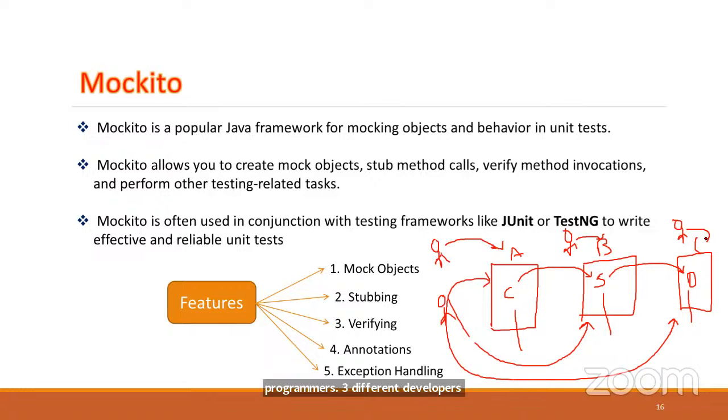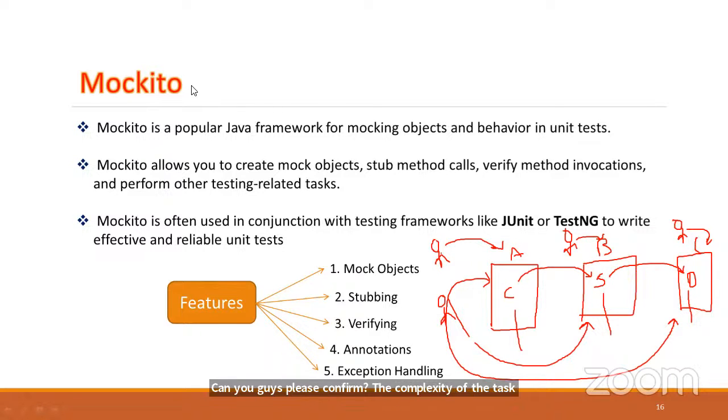Now tell me, writing these three layers, these three components by a single developer will take some amount of time. So when you split that work among three developers, the complexity of the task becomes easy or not? Can you please confirm?